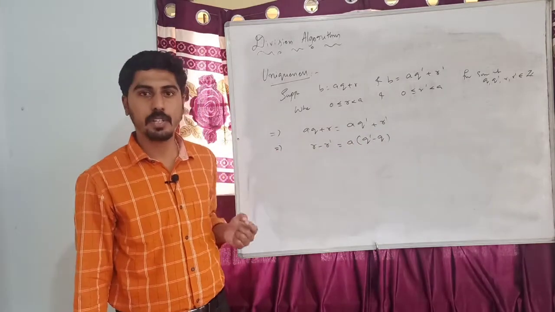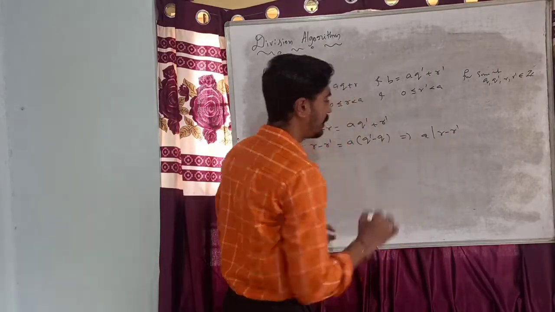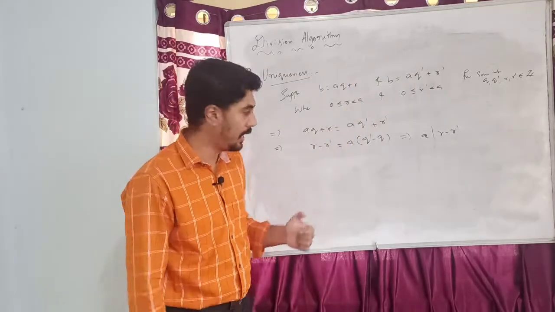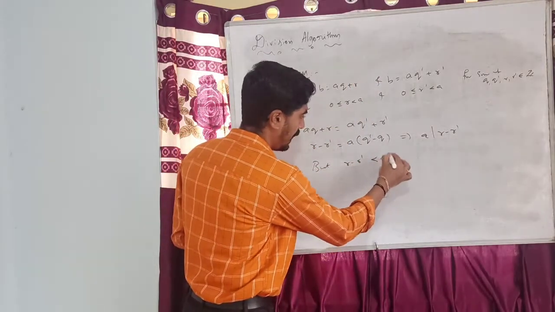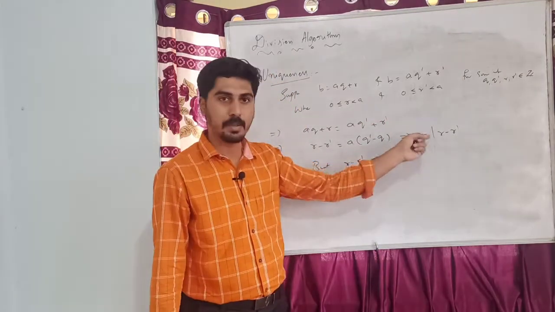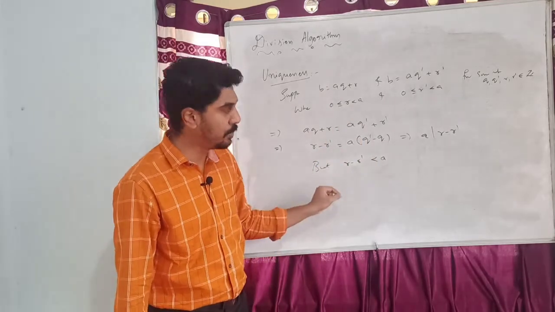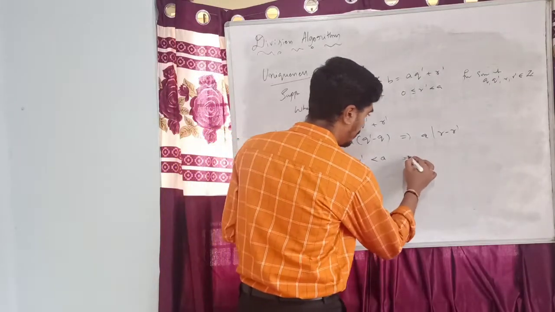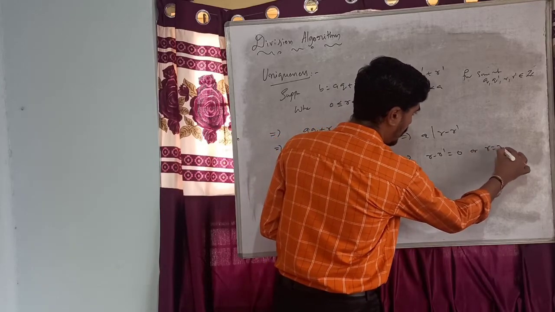Therefore, by the definition of divisibility, a divides R minus R dash. But since R is less than a and R dash is less than a, we have R minus R dash is also less than a. This is possible since a divides R minus R dash and R minus R dash is less than a. This is possible only when R minus R dash is equal to 0, and this implies R equal to R dash.